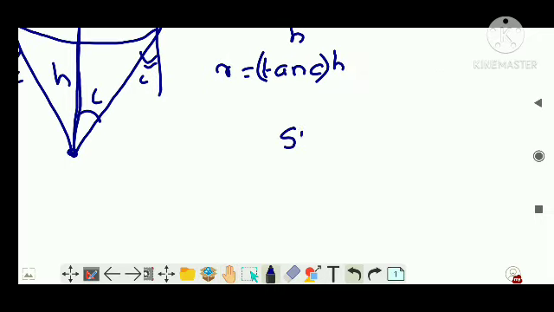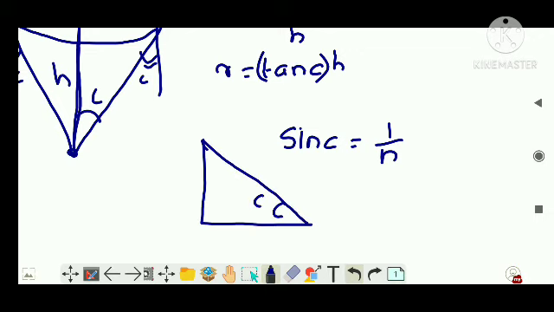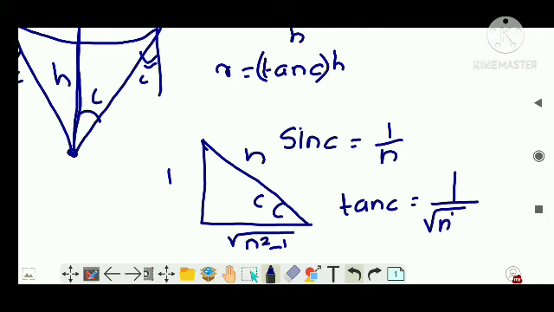Because we have learned about sin C, when it is air and a medium, sin C is equal to 1 by n. n is the refractive index of the medium. So I can make a triangle like this, right? So this is C. So 1 by n means this is 1 and this is n. So this section will be root of n squared minus 1. So from this figure, I can write tan C is equal to 1 by root of n squared minus 1.